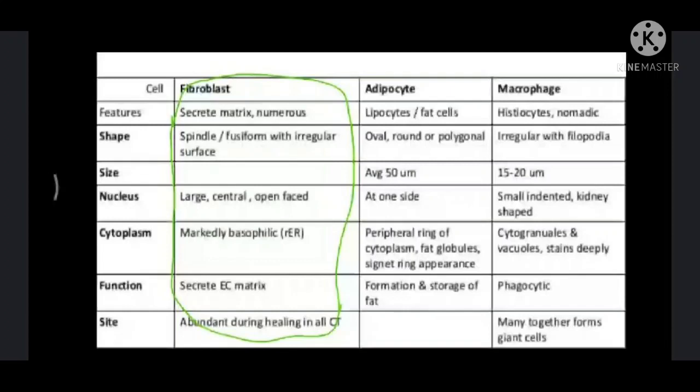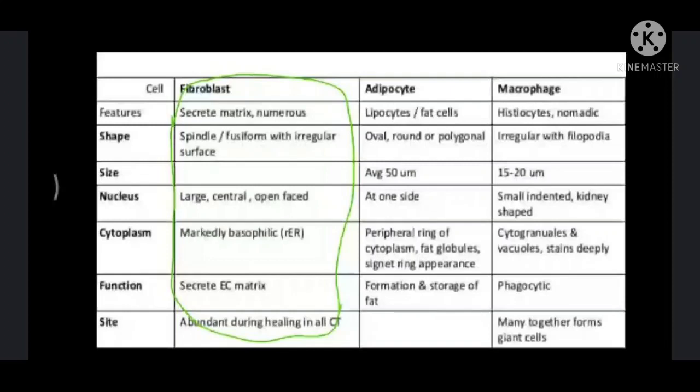Tissues, while in adults there are... what's the meaning of fetus? Fetus means small baby. So let's talk about adults only, because fetus is not necessary for us. Fetus is somewhat similar, there is only one or two differences. What we call adult connective tissue.